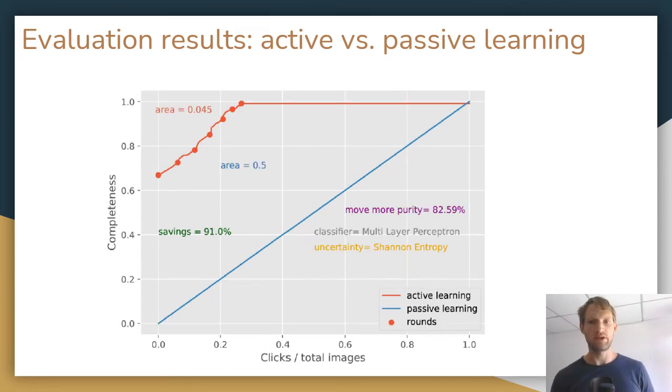Here you can see a plot of the active versus passive learning curve started from the beginning of the sorting. You see that using the pre-clustering, you already start at around 70%. And then in some rounds between 5 and 7, the completeness is improved to more than 99%.